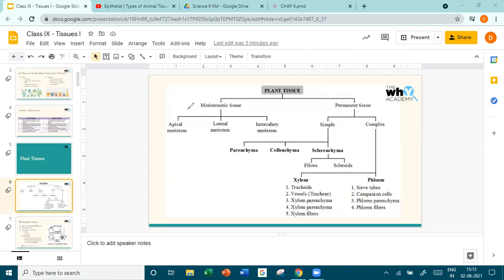In yesterday's class, we discussed meristematic tissues, the three types, and in permanent tissues, we finished simple tissues: parenchyma, collenchyma, sclerenchyma, right? In today's class, we will start with complex permanent tissue, which will complete plant tissues, and then we'll go on to animal tissues. Okay.